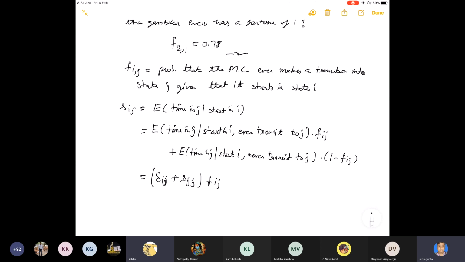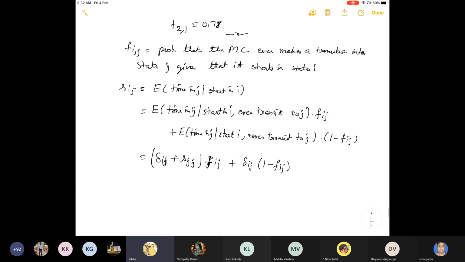When we move to j, we are in j, so the expected time is that plus the expected time in j given that we start in j, because it forgets the past, as it is a Markov chain. So that becomes Sjj times Fij, plus the expected time in j given we start in i and never transit to j. If i is equal to j, then this is 1, otherwise this is 0, times 1 minus Fij.